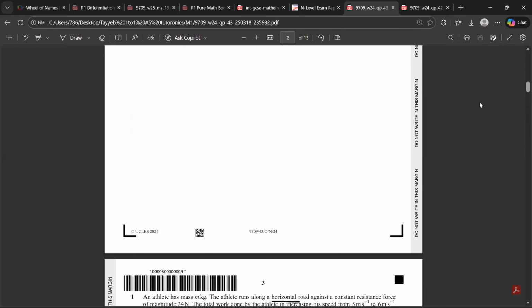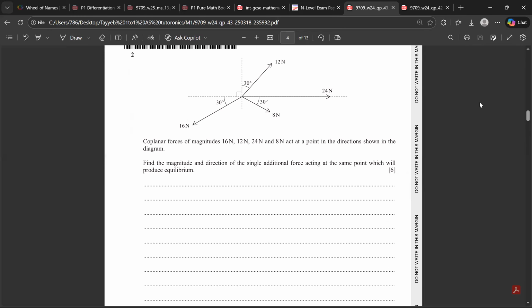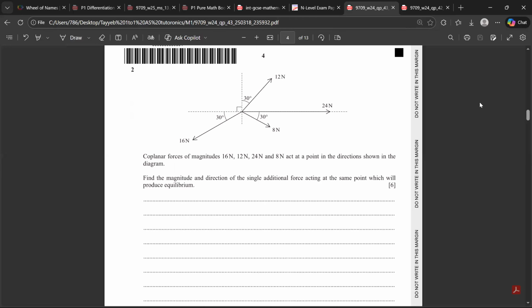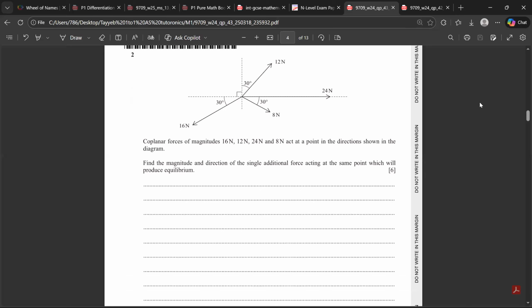Okay, let's do question two. I have a test for that one topic, power and work energy, not for this one. So you want to stick with that topic, right? Okay, let's do more then.